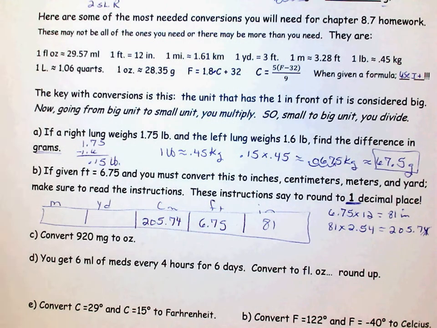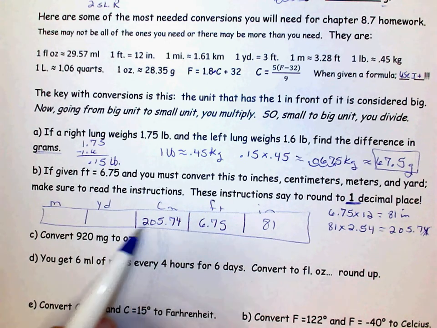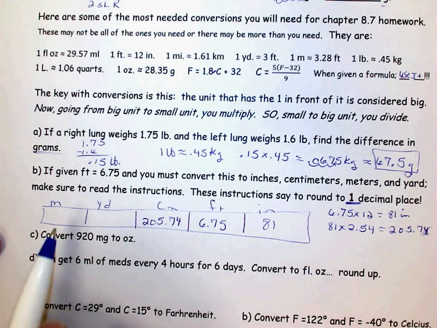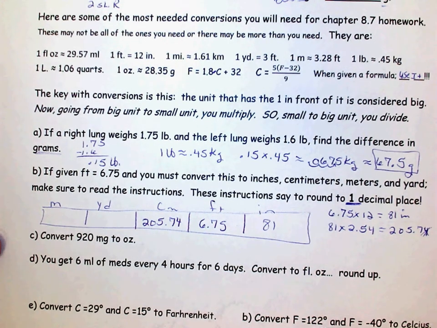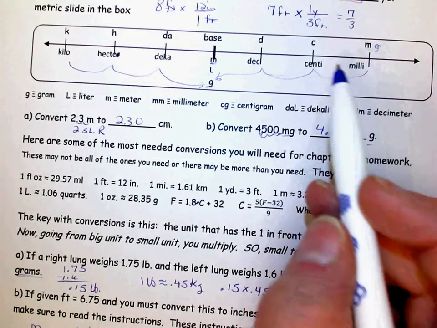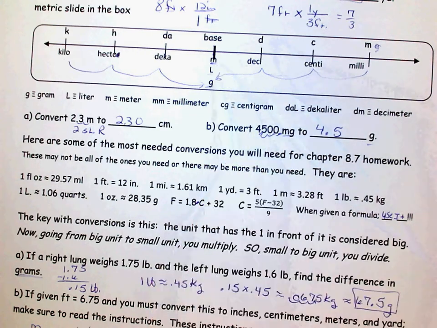Now, the next thing I'm actually going to do are my meters, and I'm going to leave the yards till the end. Remember from our metric slide, centi to meter is 2 slides to the left.